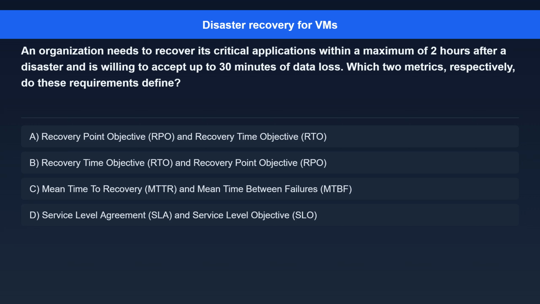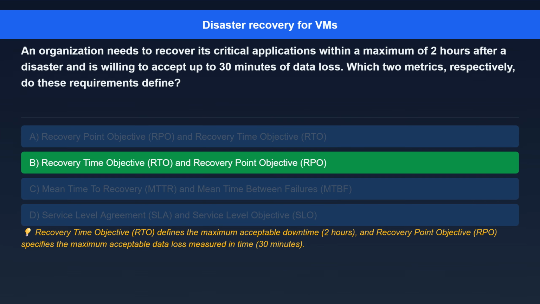Option B. Recovery Time Objective, RTO, and Recovery Point Objective, RPO. Option C. Mean Time to Recovery, MTTR, and Mean Time Between Failures, MTBF. Option D. Service Level Agreement, SLA, and Service Level Objective, SLO.